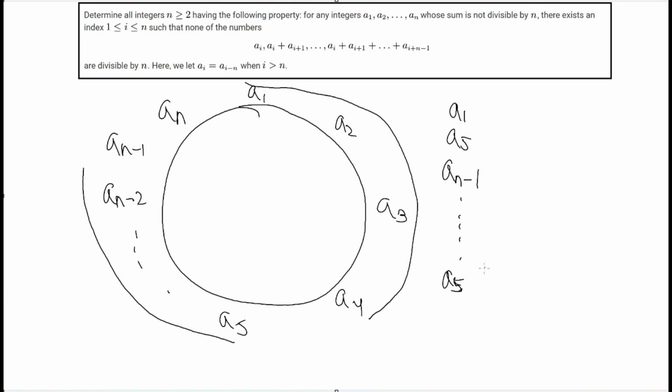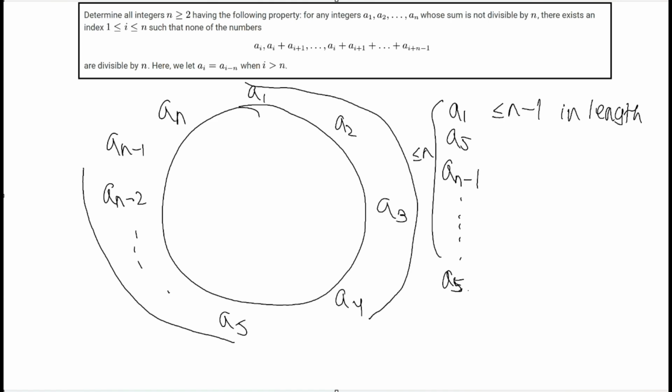Well, notice that we have a bunch of these numbers here, and they're at most n plus 1 numbers here. So that means that from what we said earlier, we only use n of them. We only use n arcs total. And each arc is at most n minus 1 numbers in length.